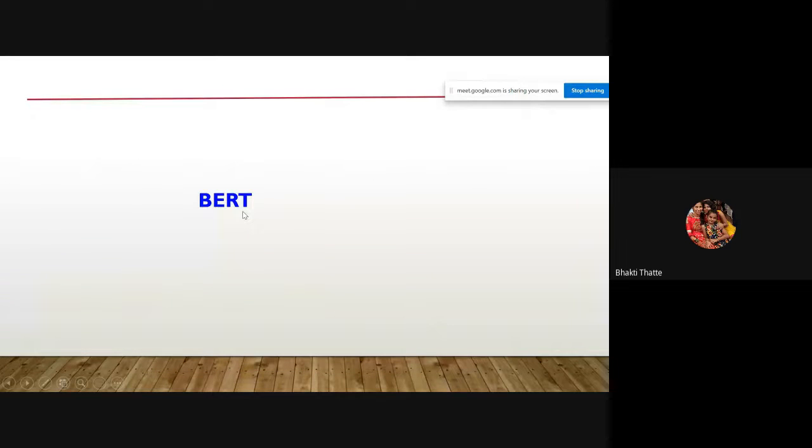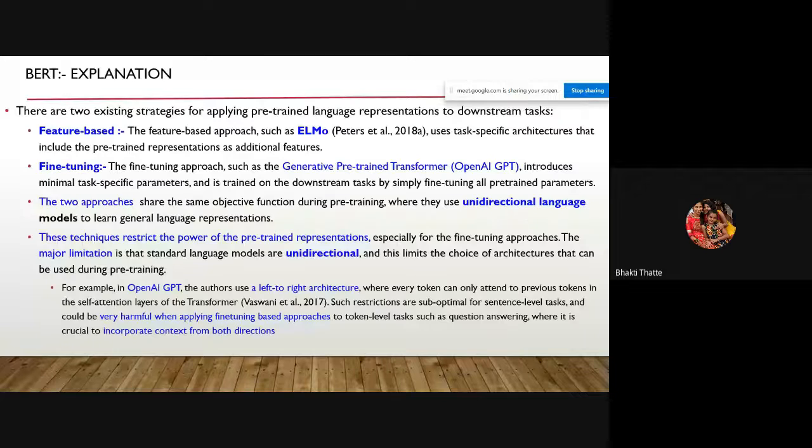Then coming to the BERT mechanism, there are two existing strategies for applying pre-trained models. Those are feature-based and fine-tuning. ELMo is a feature-based model, and it transfers the trained features to the downstream task.